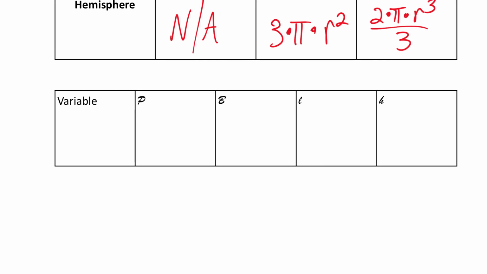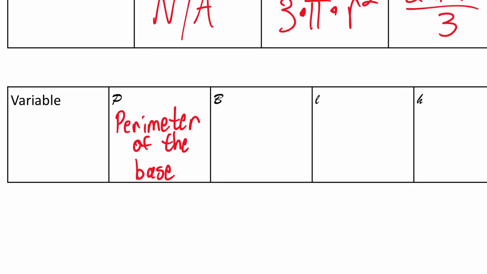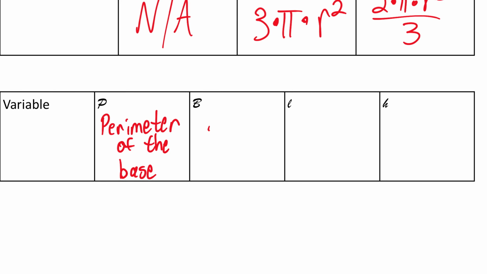Okay, we've talked about this over and over again, but what does the capital P stand for? P stands for perimeter of the base. What does the capital B stand for? Area of the base.